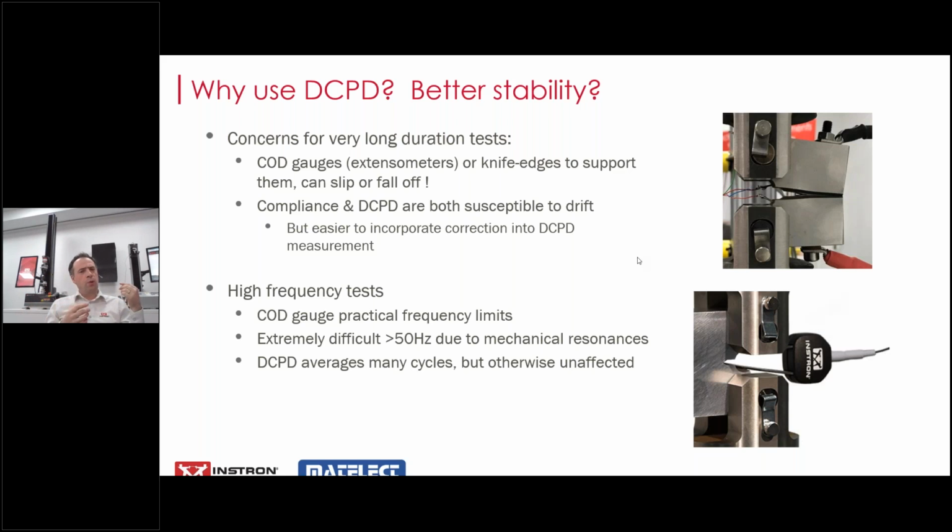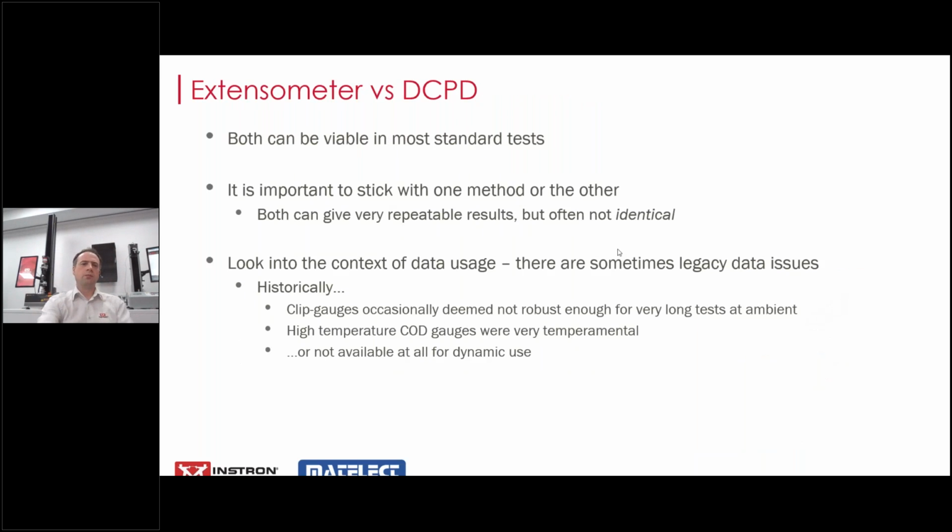But overall, it's not actually affected. The mechanical resonance does not affect it. So extensometer versus DCPD, if you haven't guessed already from what I've said so far, they both have their merits. Both can be viable in most standard tests where you are looking at an extending crack.